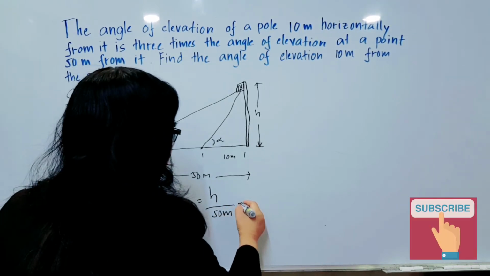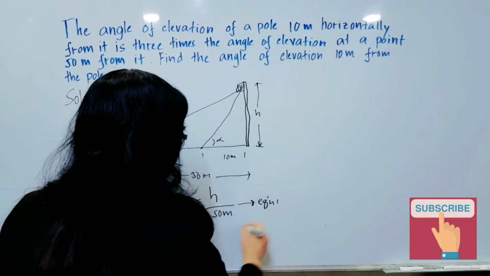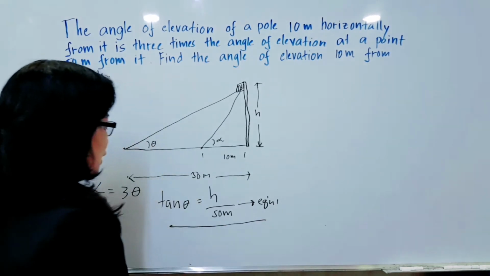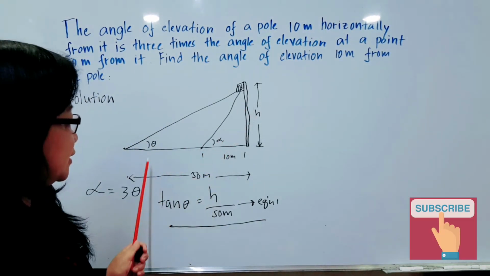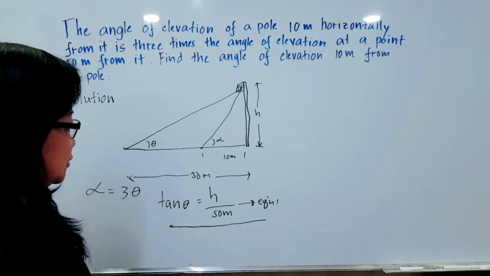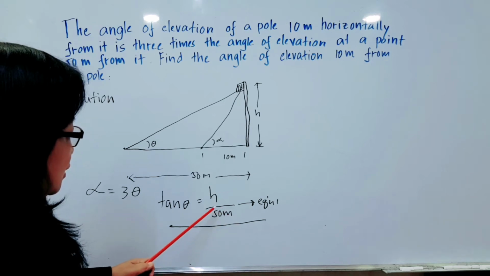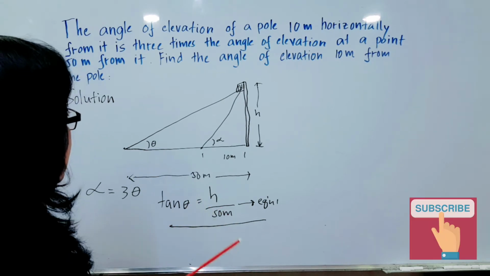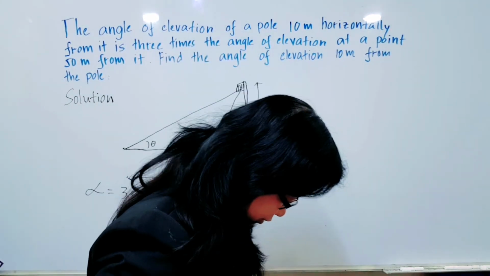So we have one equation here: tangent theta is equal to the height over the adjacent, which is 50 meters. And then now, we have to solve this one.